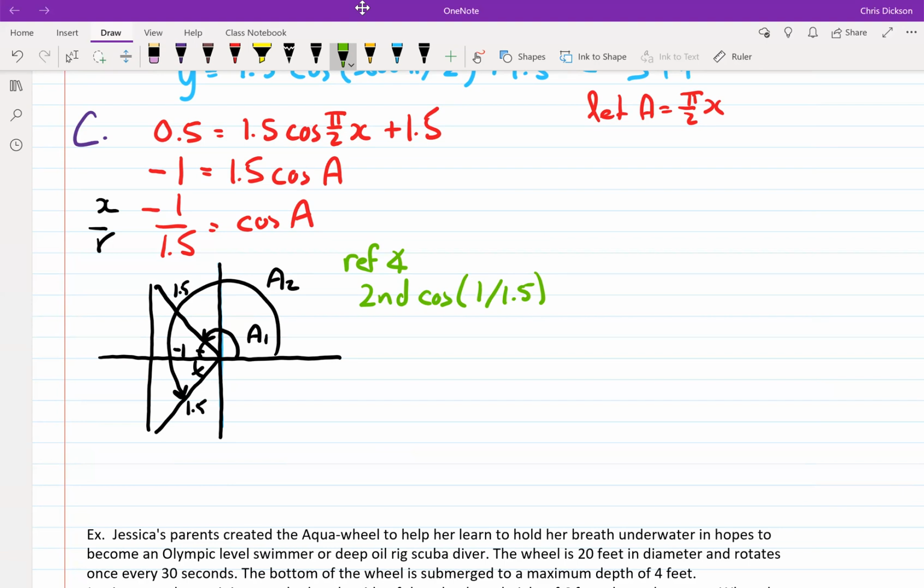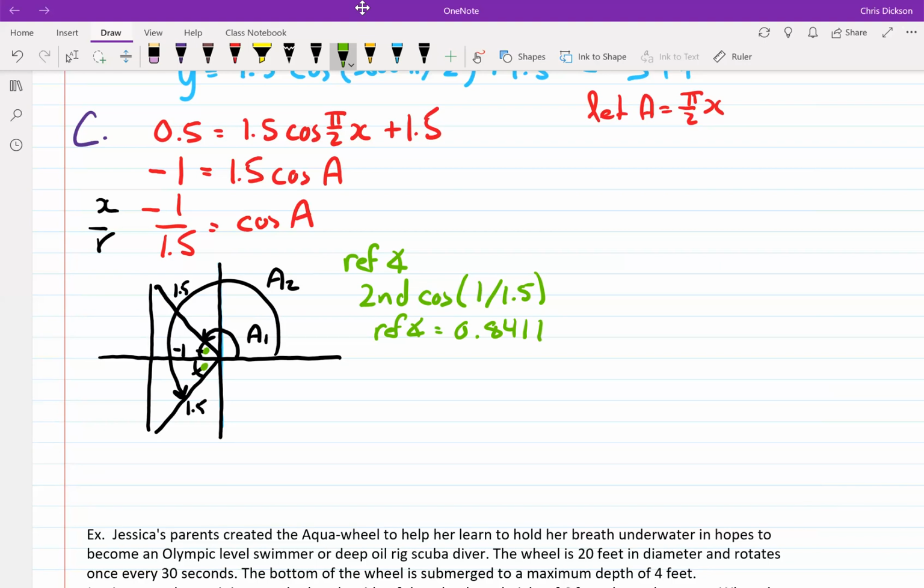Second function cos of 1 divided by 1.5, and that gives me a reference angle equal to 0.8411 roughly. And that's the angle here, the green angle, and that green angle there.